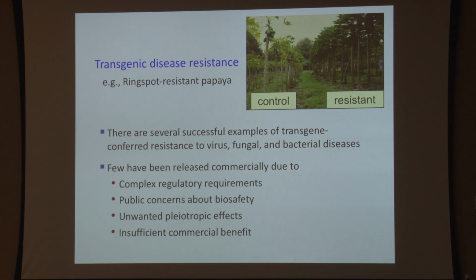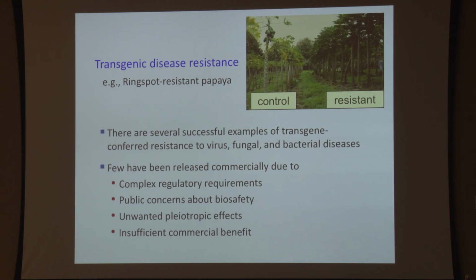Public concerns about biosafety, whether justified or not, that's one of the factors involved. Sometimes unwanted pleiotropic effects, so that a gene that provides resistance may also be responsible for reduced yield or some other important trait. And then perceived insufficient commercial benefit.